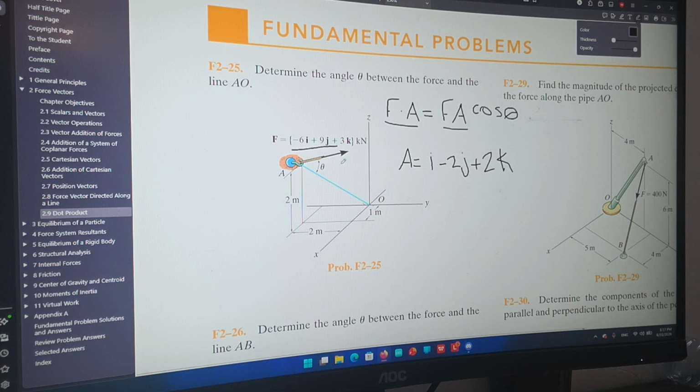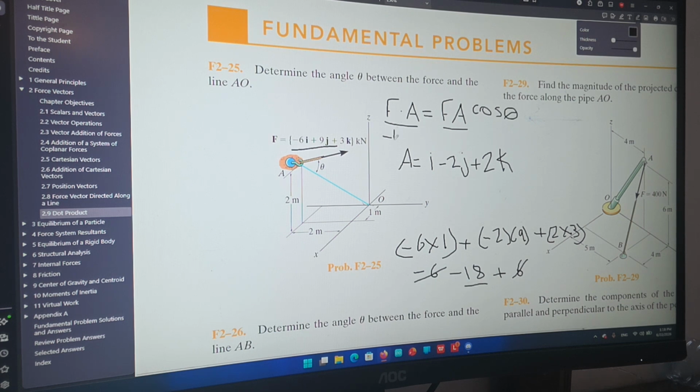Multiply both the i's together, that's negative 6 times 1, plus multiply both the j's together, that's negative 2 times 9, plus multiply the k's, that's 2 times 3. That is the value of the dot product. So it'll be negative 6 minus 18 plus 6, so the answer is negative 18 for the dot product.